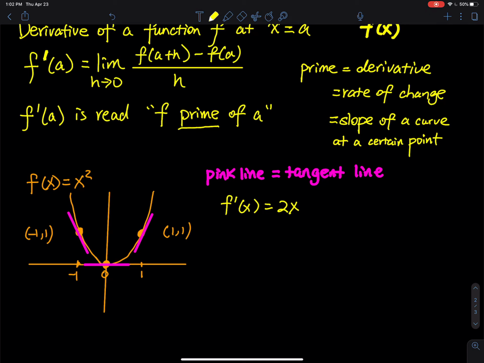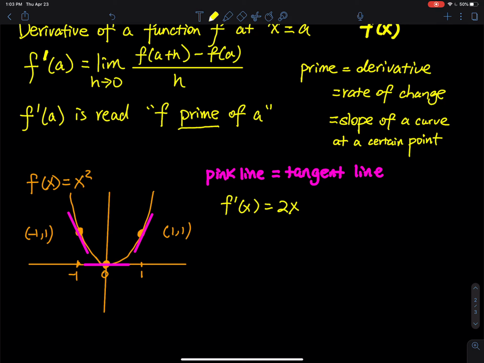If you look at the piece where x is less than 0, the tangent line, the straight line, is going downhill, right? So the slope is negative. If you look at the piece where x is greater than 0, do you see that the tangent line is going uphill? The slope is positive. If you look at the vertex at (0, 0), the tangent line is horizontal, so the slope is equal to 0.